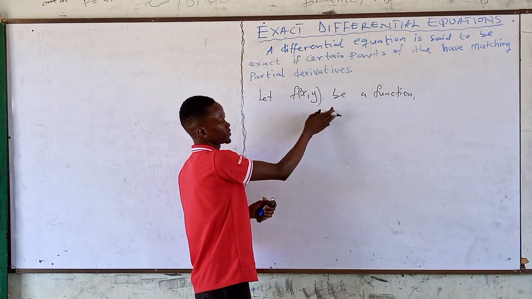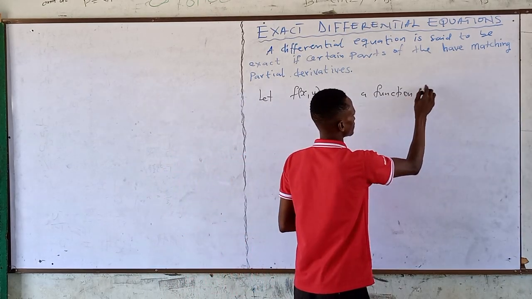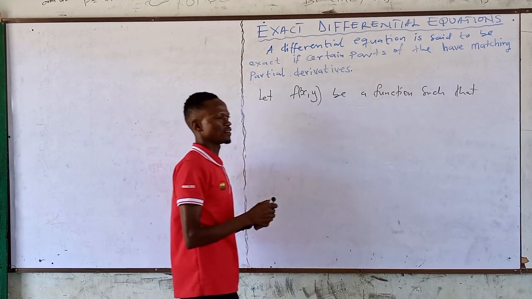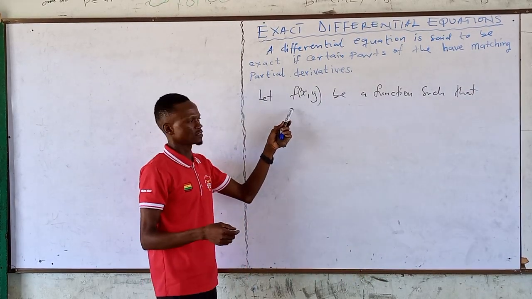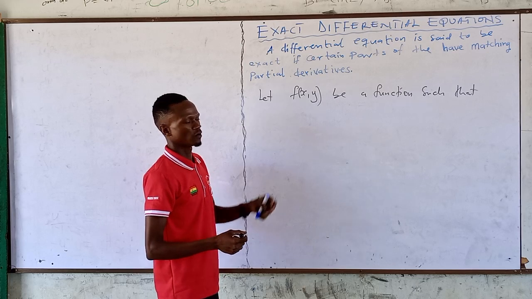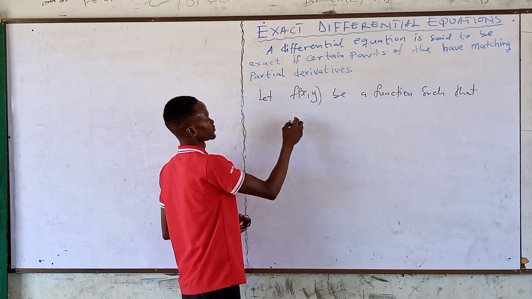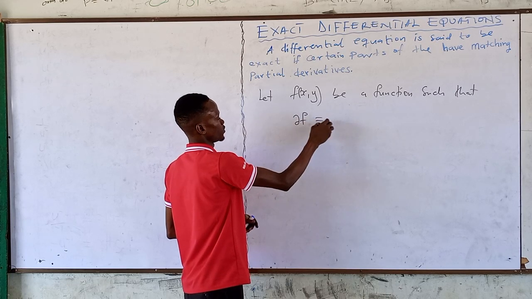So let f of x be a function such that the total derivative of this function is equal to 0.